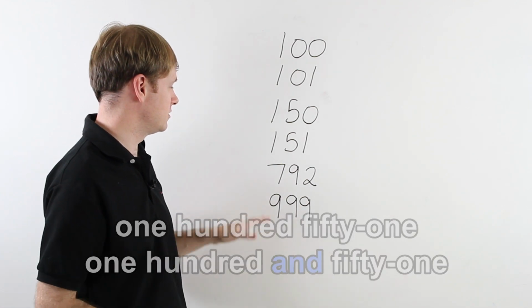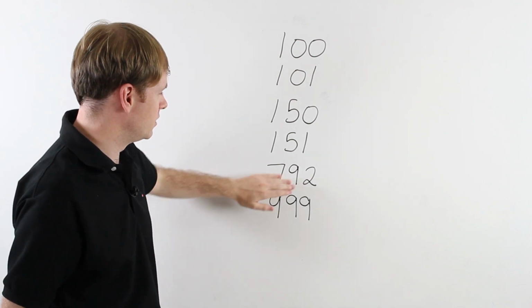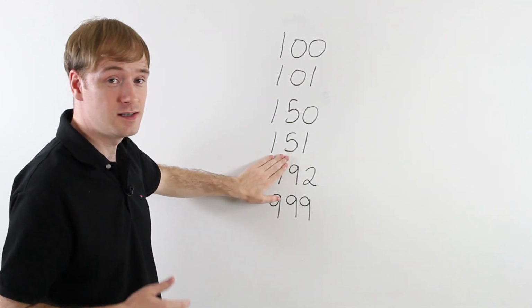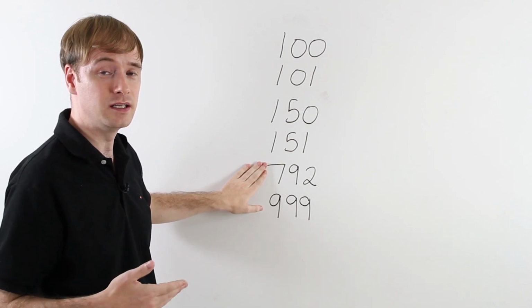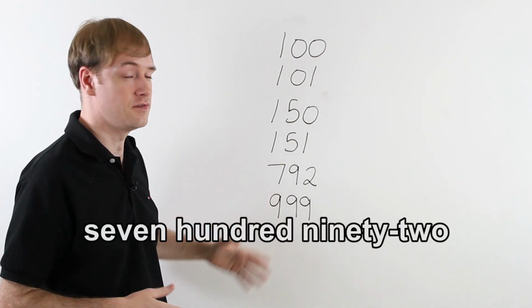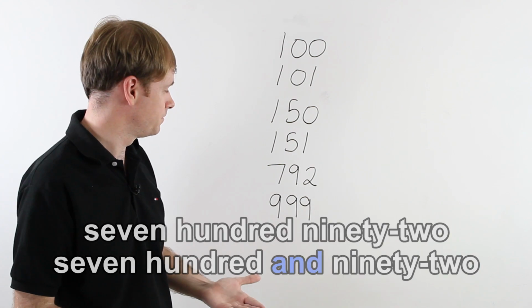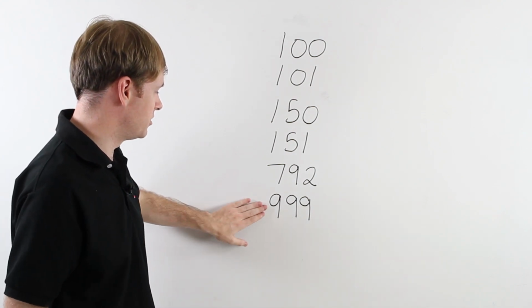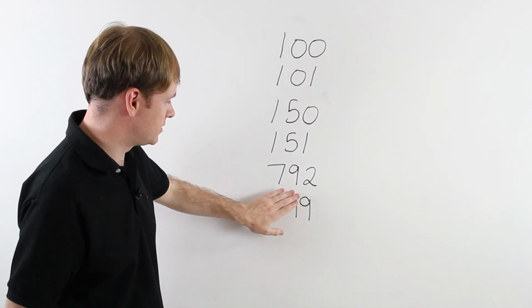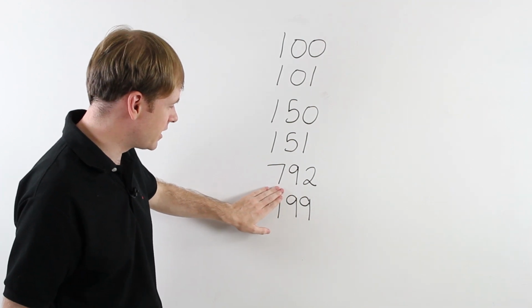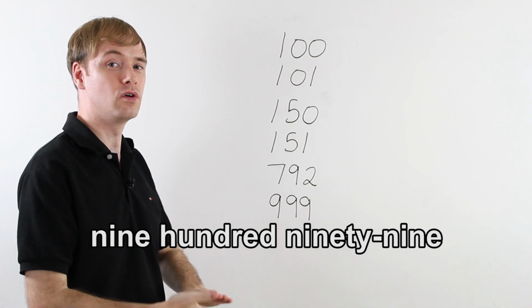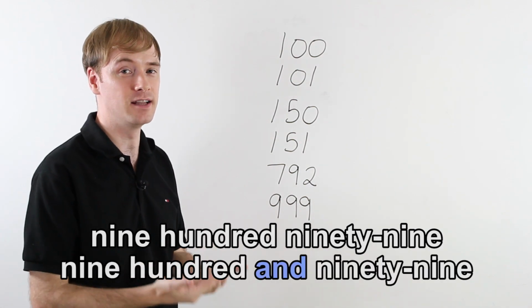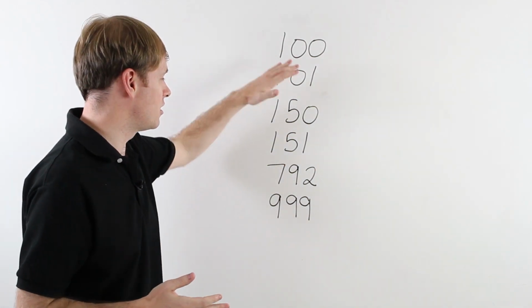All right, let's look at the next number. We know this is 2. We know this is 92. This is 792, or 792. All right, and the last number here, well, we know that's 9. That's 99. That's 999, or 999. All right, so these are the hundreds.